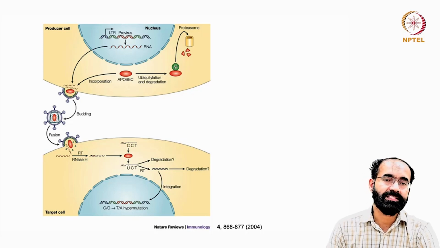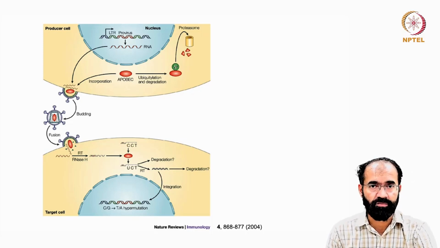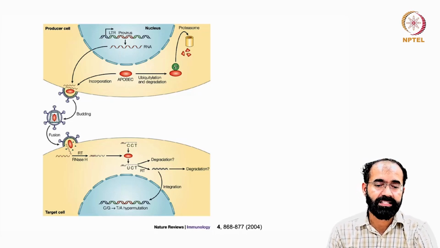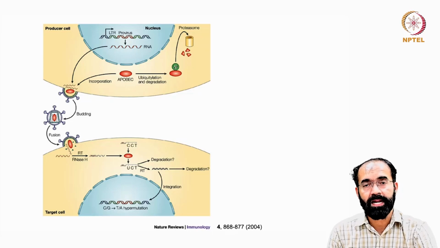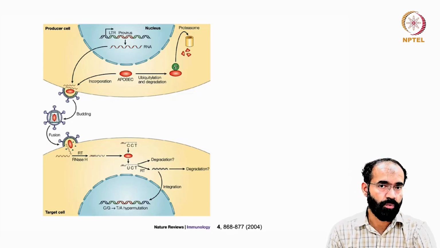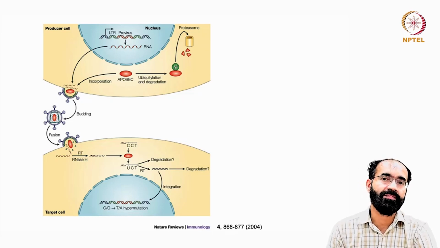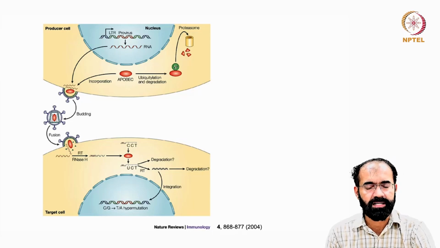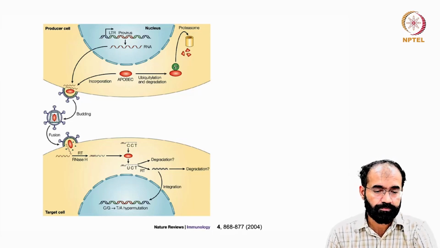So provirus basically means it is a virus, but it is not a virus. Genetically it is a virus, and once it gets converted into RNA, that RNA can get converted into protein. And I think the HIV genome is around 30,000 bases. It is much higher than any other virus. Usually a virus will have around 10 to 12,000 bases only, but the HIV genome is a little bigger.